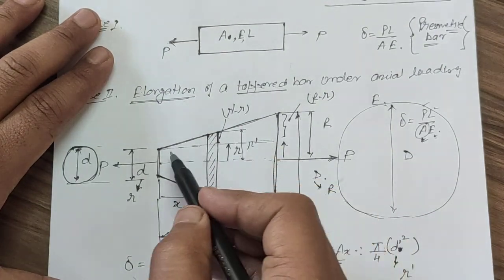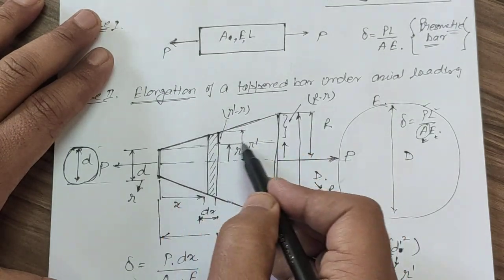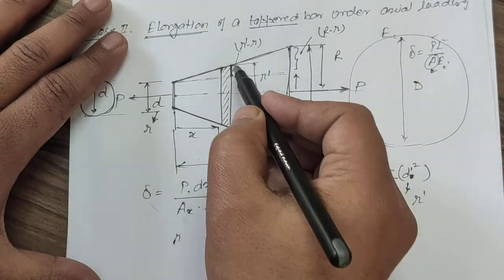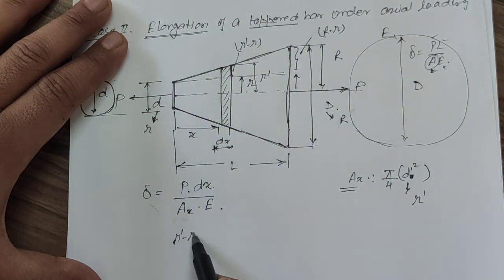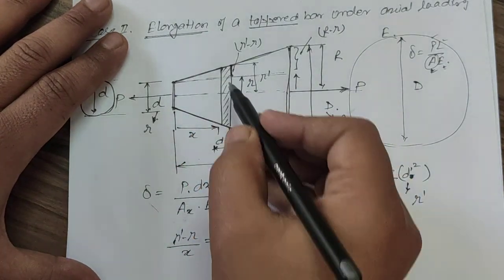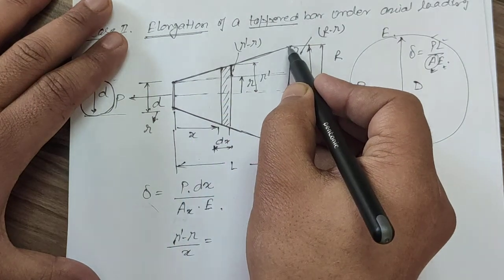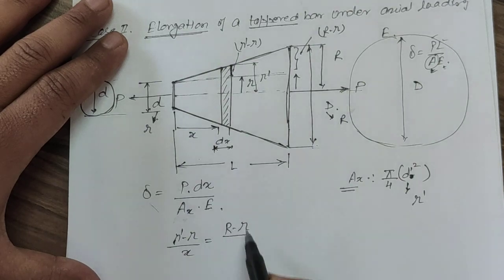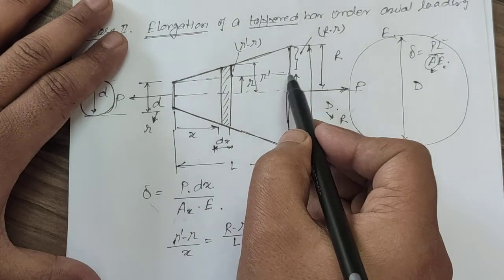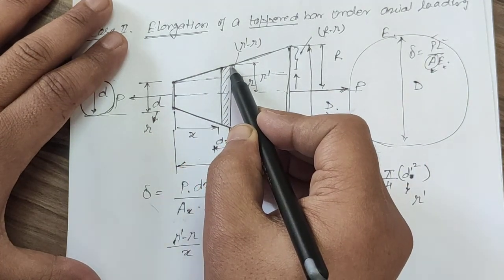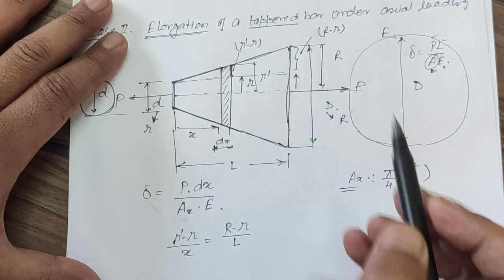Now these two triangles are similar triangles. So we can write (r dash minus r) divided by this length, which is x, using the similar triangle property, equal to (R minus r) divided by L, because we have taken two similar triangles.